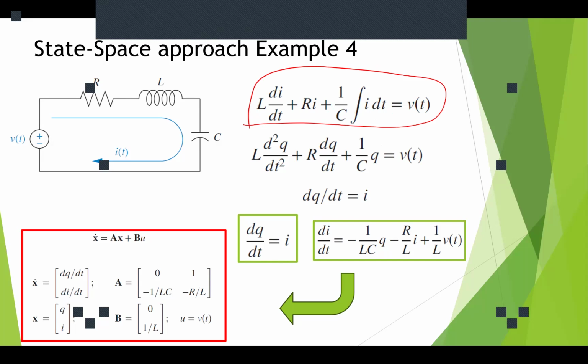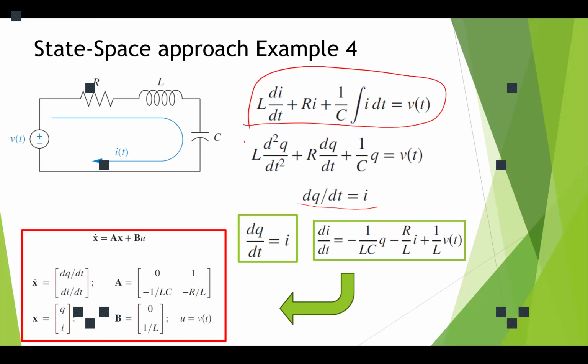We run a derivative over I to get rid of this integral, okay? So we have a second order derivative, and you remember we define dq over dt as the I. Remember, we had this discussion before.